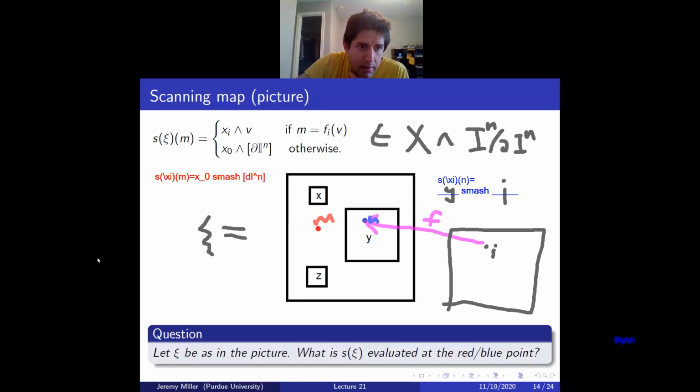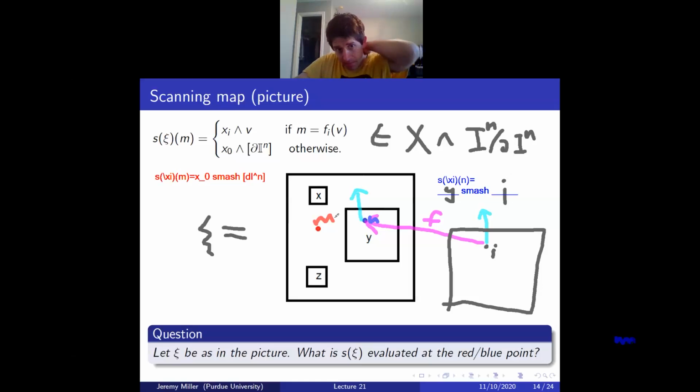As if this point were to walk and exit the cube, this point would exit the cube, and then the I coordinate would go to the base point.